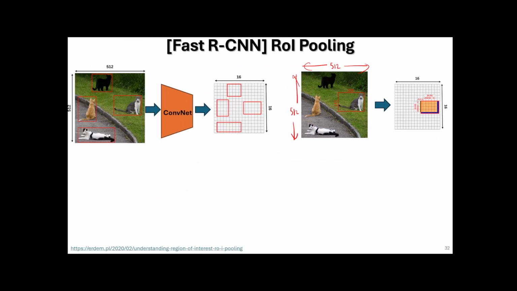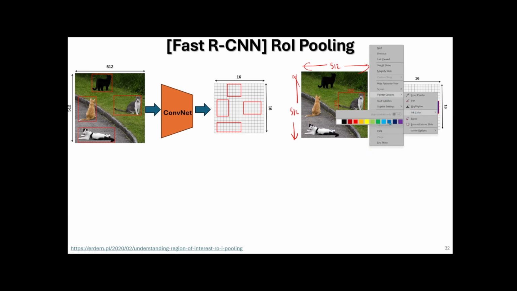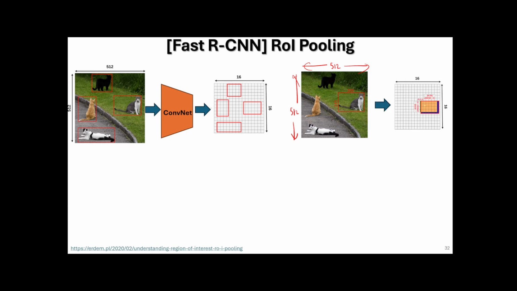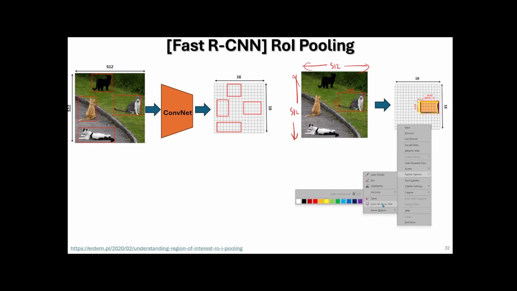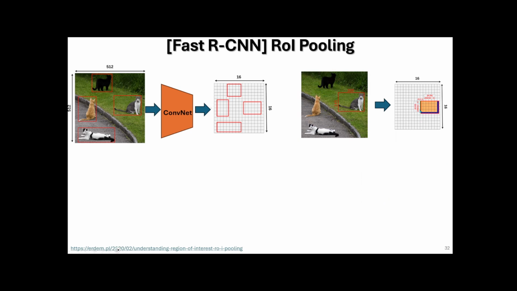I cannot use a pointer here, so I'll mark it with a color, probably yellow, since it's not used. It's very difficult to draw, so let me explain using the color names. Ultimately you will get this green plus this orange as your ROI pooled output, and this blue region is completely gone because of this quantization.